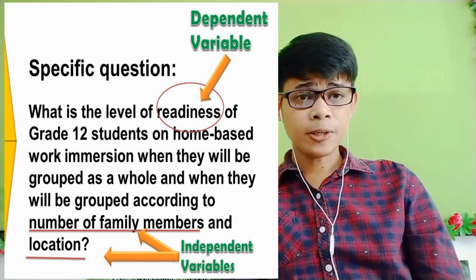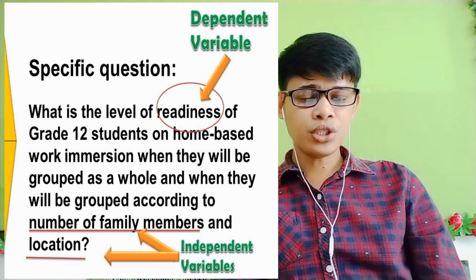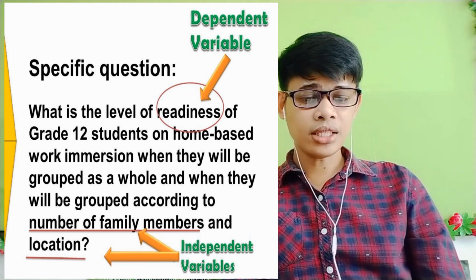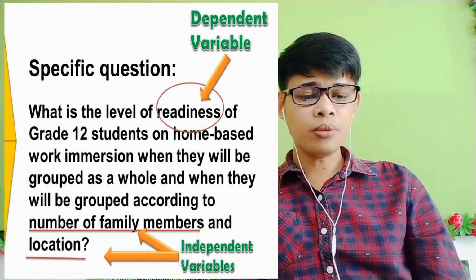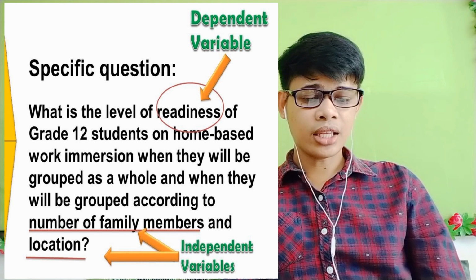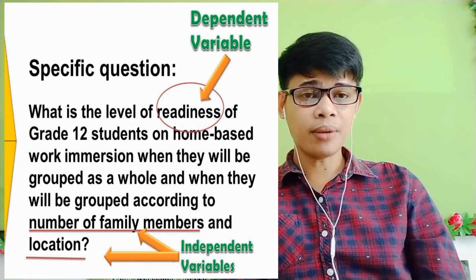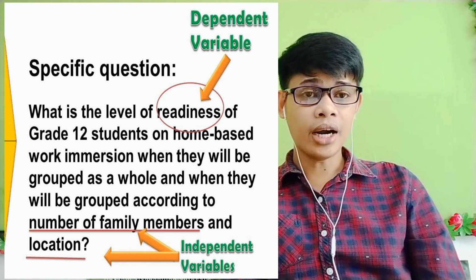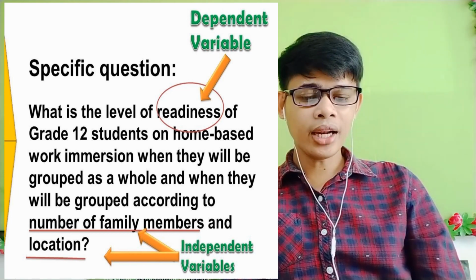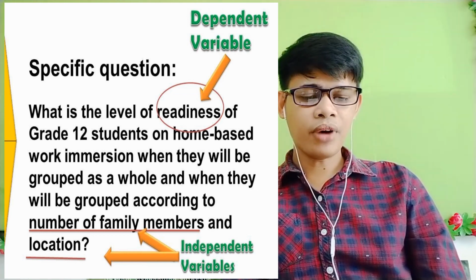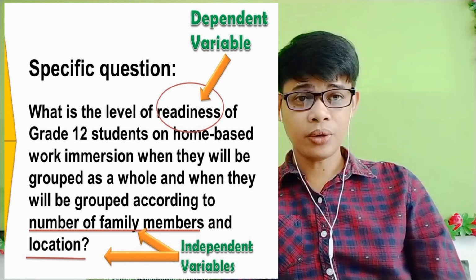In this specific question, it is asking the level of readiness. Meaning it is the thing that will be measured or investigated by the researchers, and so automatically that becomes your dependent variable, while your independent variables will be number of family members and location.